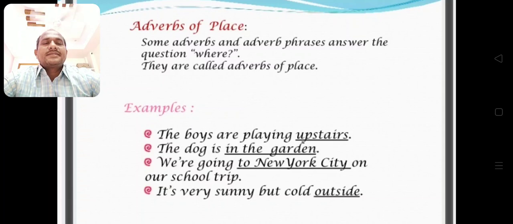The dog is in the garden. We are going to New York City on our school trip. It's very sunny but cold outside. You see, these are examples of adverbs of place. Adverbs of place answer the question where.